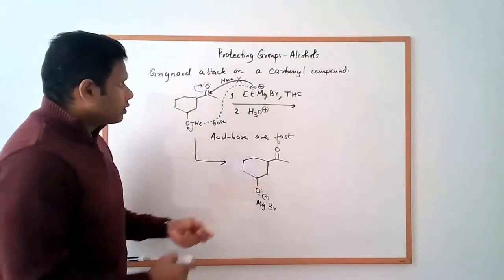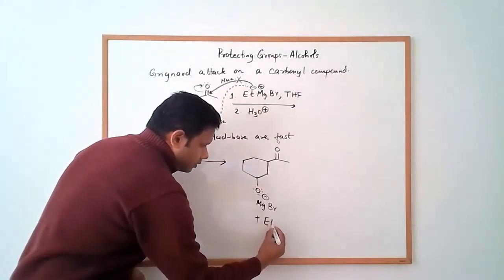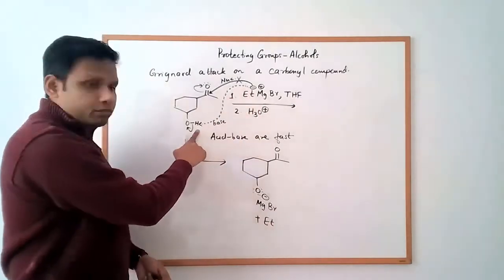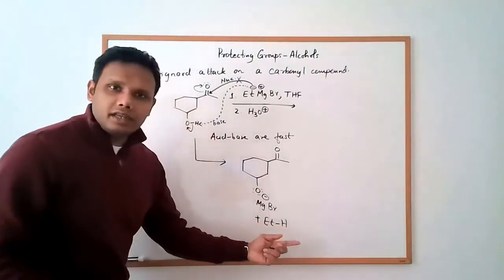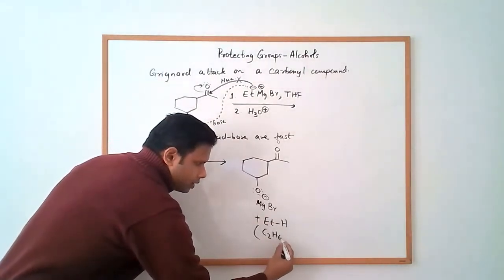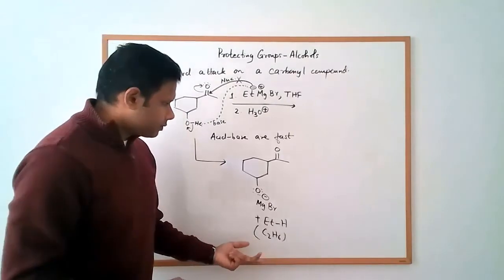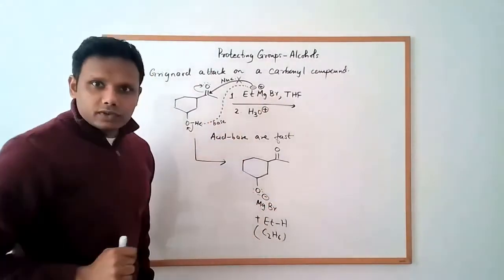Okay. Along with that, the ethyl group picked up a proton from here. So we get Et and H, which is basically ethane, C2H6. That's what we've got there. Okay, so this is the intermediate now, and we're done with the first step.